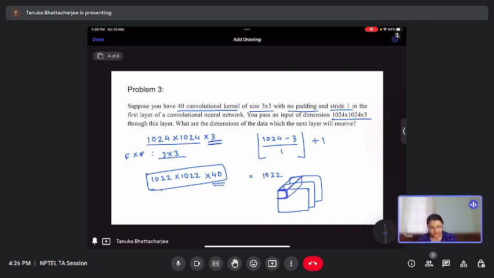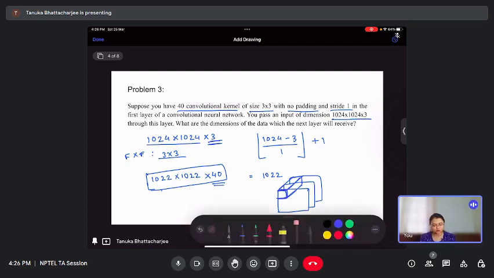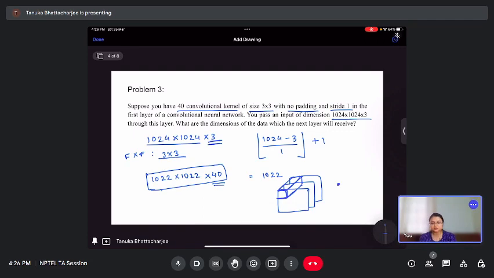So, all these values will be combined to give you the first value of the first channel of the output, just one value. Now, you have 40 such kernels. Each of those 40 will combine all these 3 RGB channels. Okay, thanks.